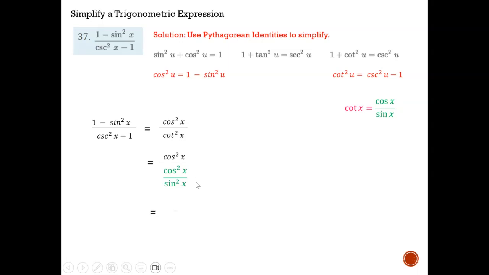Now this is the same thing as cosine squared x times, for the second fraction on the bottom, you flip it. So it'll be cosine squared x times sine squared x over cosine squared x. If you notice, the cosine squared x cancel, which is equal to 1. So the answer is sine squared x. I should have put x here instead of u. That's my answer here.